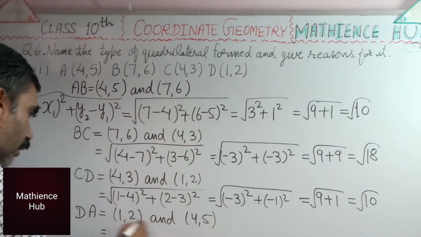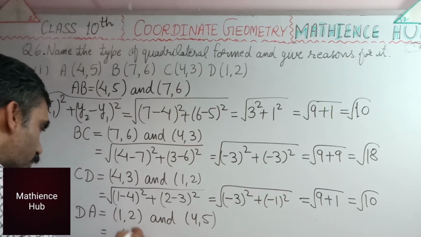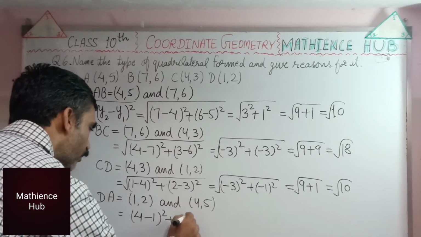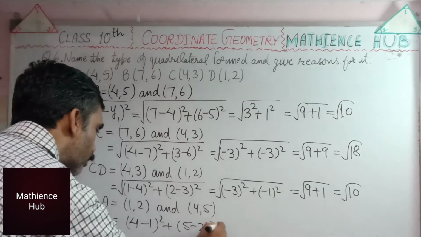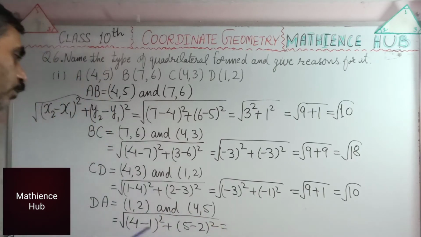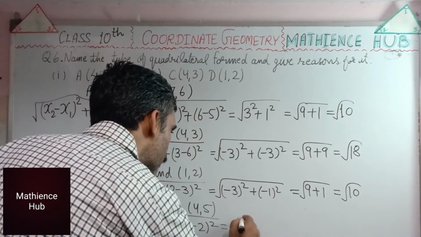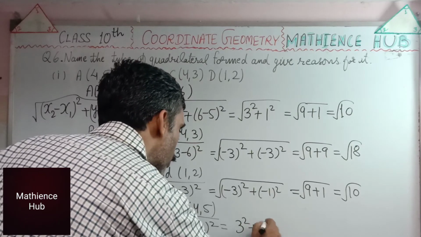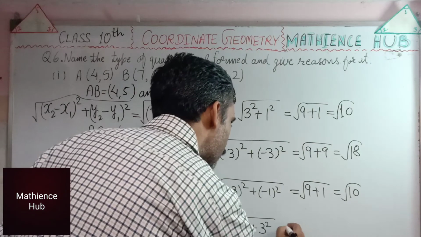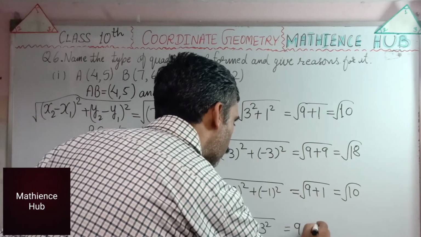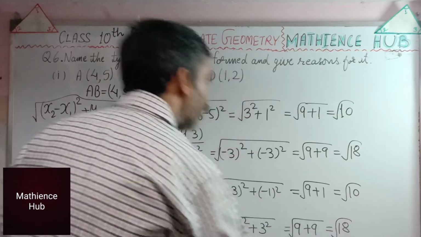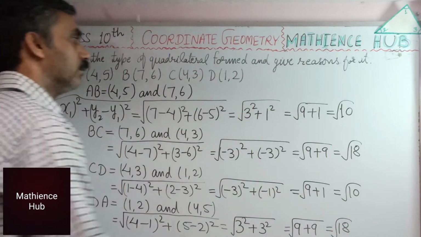Using the formula, x2 is 4, x1 is 1, y2 is 5, y1 is 2. 4 minus 1 is 3 square, 5 minus 2 also is 3 square. 3 square is 9 plus 3 square is 9. We get root 18.